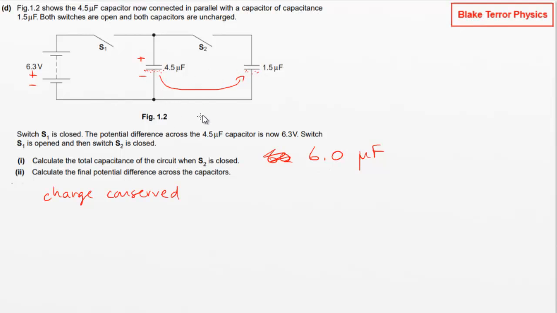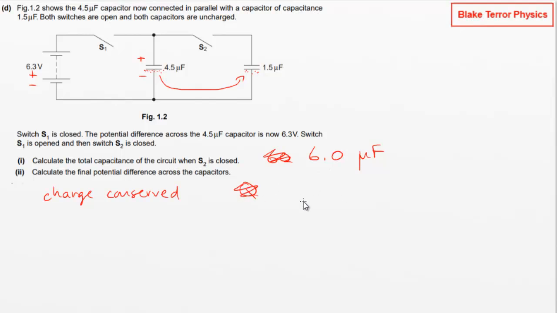So we've got the same PD across each capacitor. Some of the charge will move across, but the charge is conserved, so we've got the same amount of charge but a new capacitance.